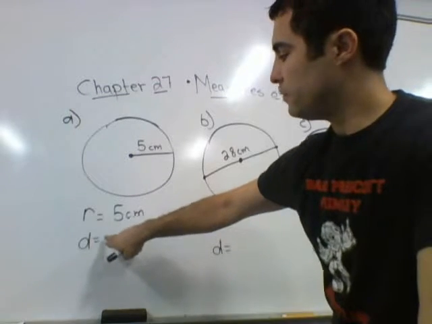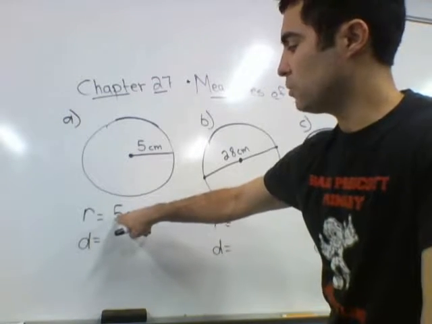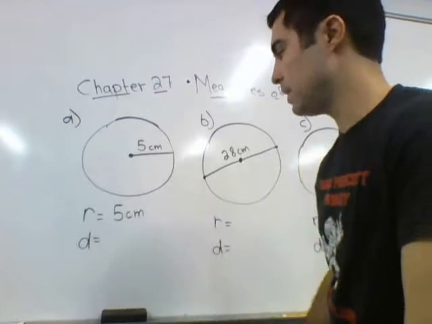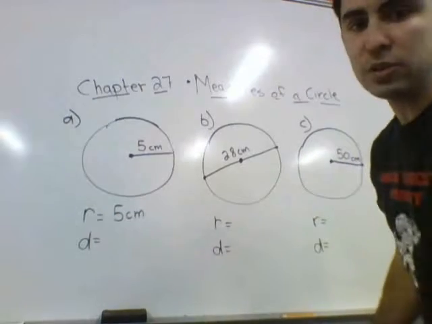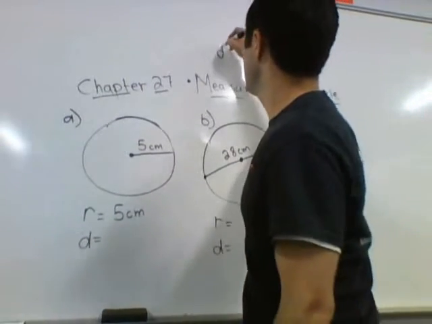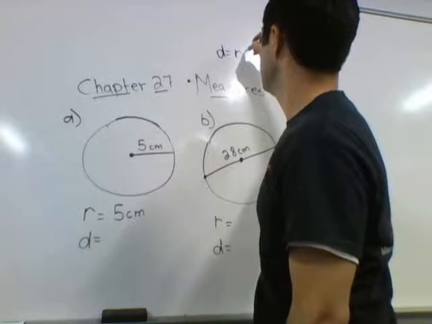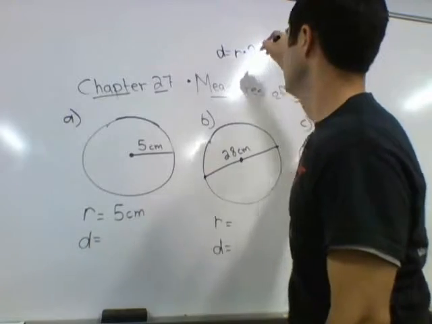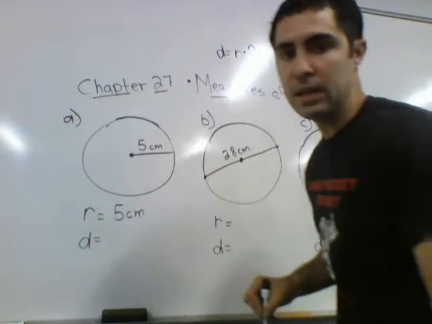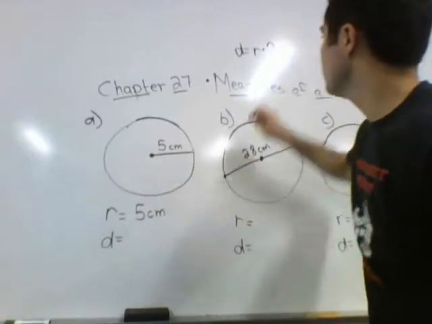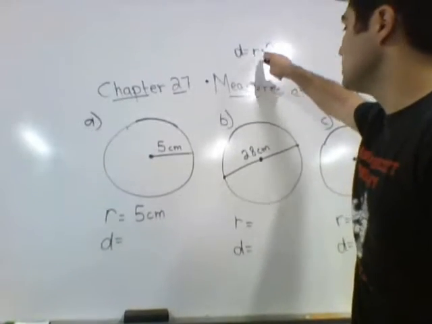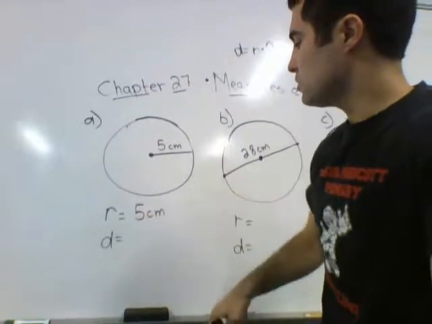So if you don't know the diameter, you just take your known, the radius, and multiply it by 2. So I guess you could write that down. Diameter equals whatever your radius is times 2. Okay? I don't know if you guys can see that little equation. Your diameter is whatever your radius is times 2. So in this case, our radius is 5.